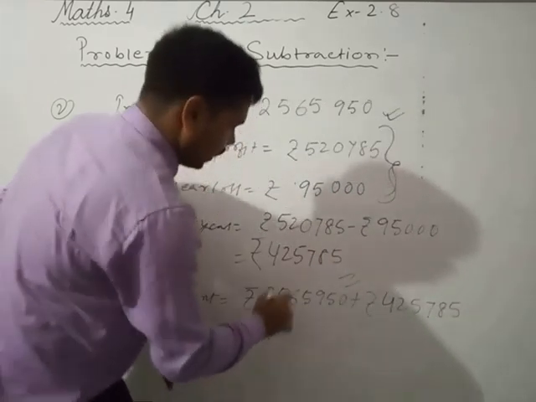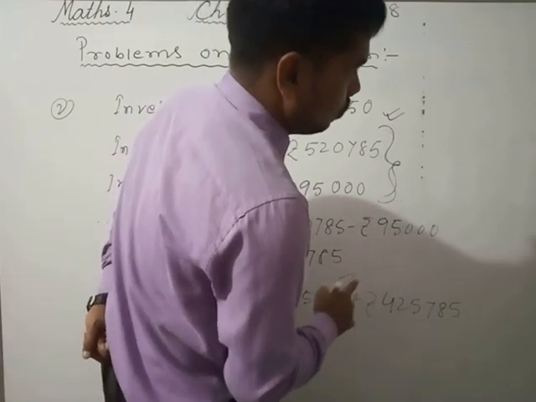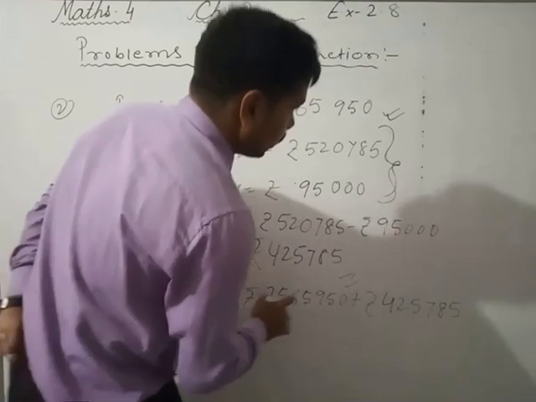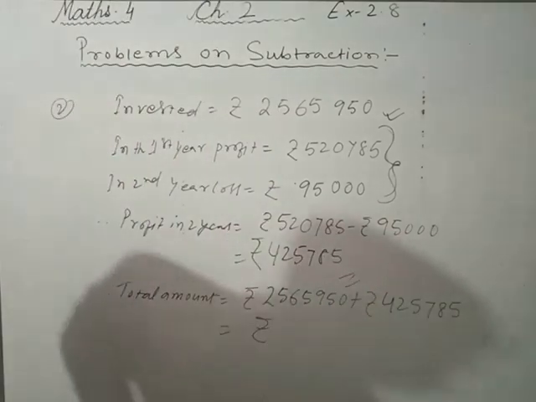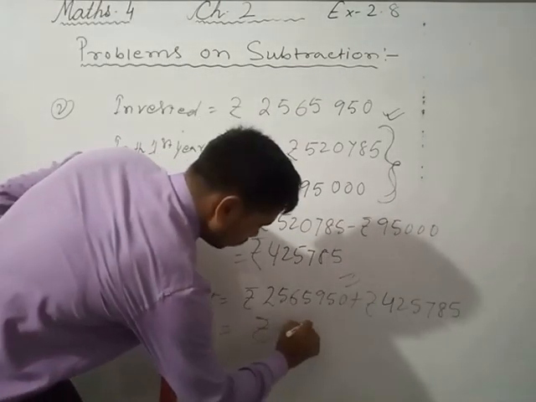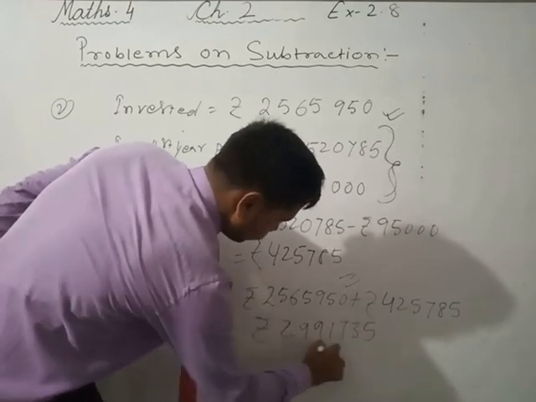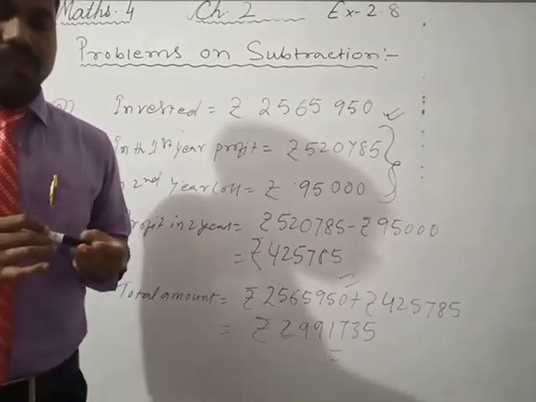So if you add this, the answer will come 2991735. Sorry, 2991735. This is how you can solve exercise 2.8 also.